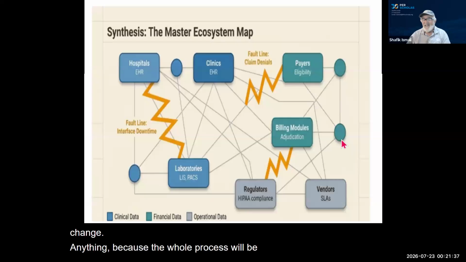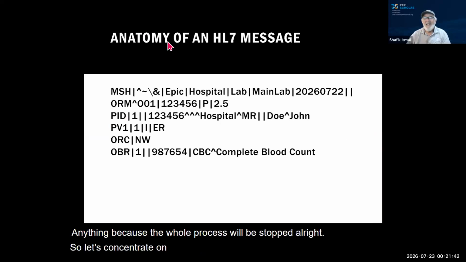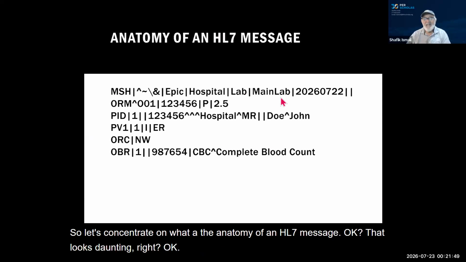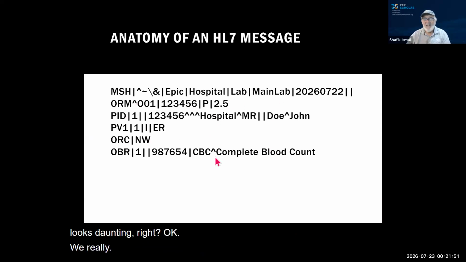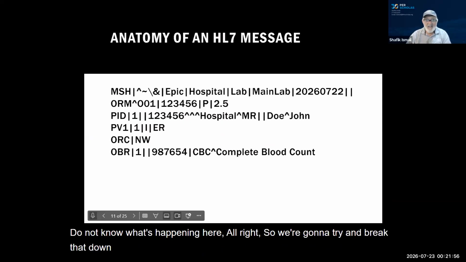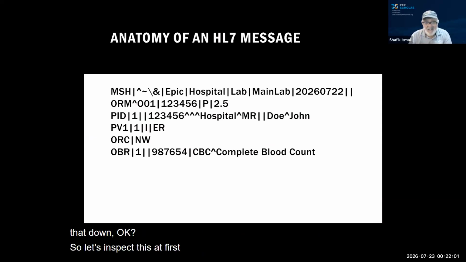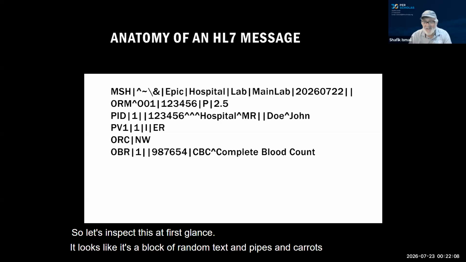All right. So let's concentrate on the anatomy of an HL7 message. Okay, that looks daunting, right? We really do not know what's happening here, so we're going to try and break that down. Let's inspect this. At first glance, it looks like a block of random text and pipes and carets, but actually it is very structured.